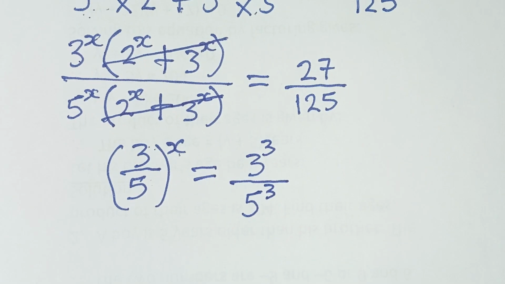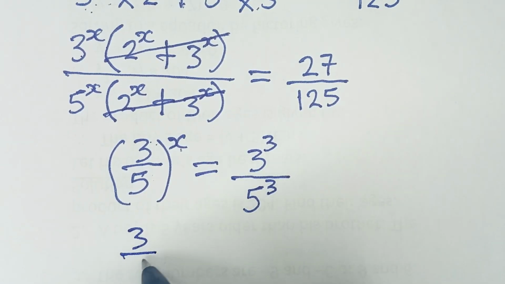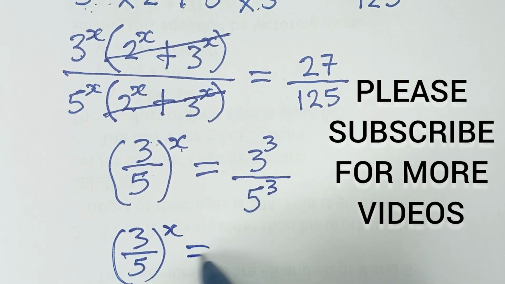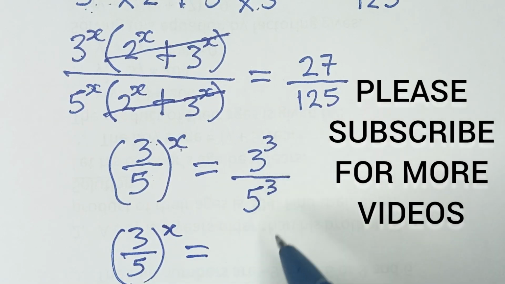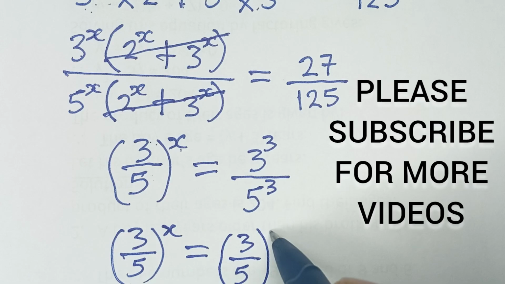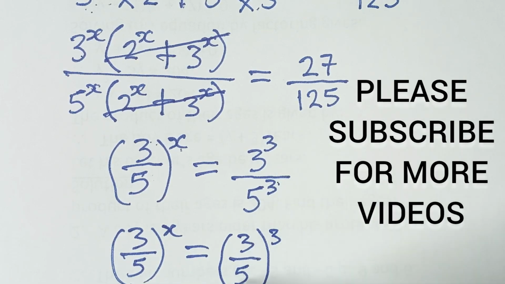Then now I can simply rewrite this as (3/5)^x is equal to (3/5)^3, because the powers are the same, so you can put inside the bracket and bring the power outside.